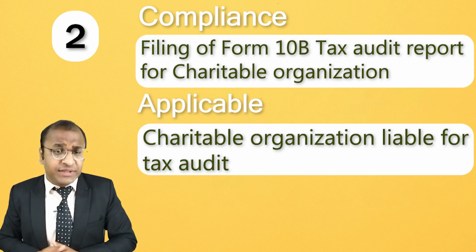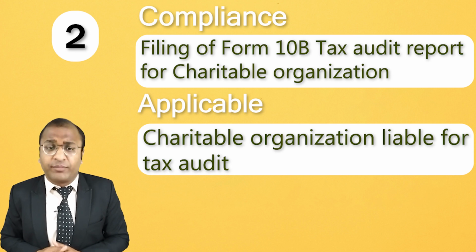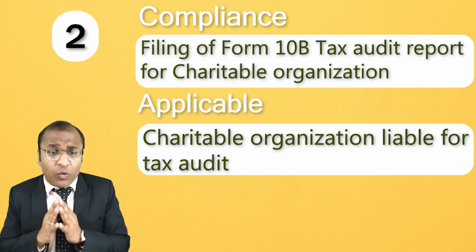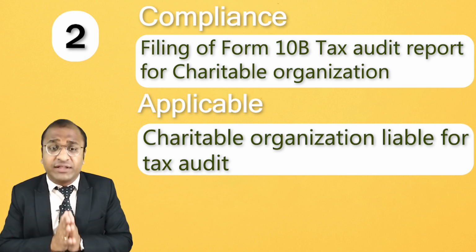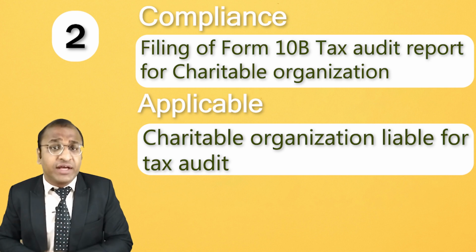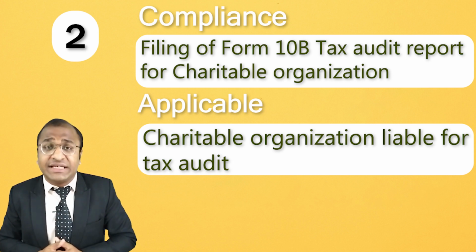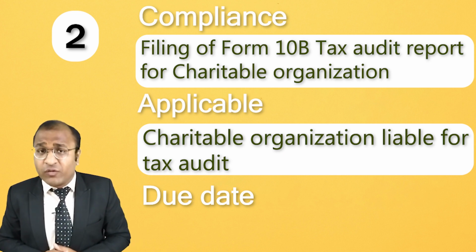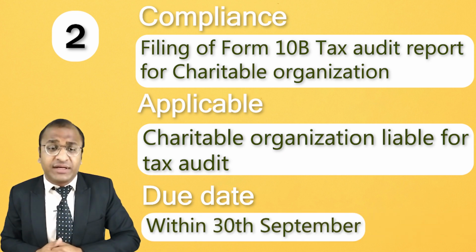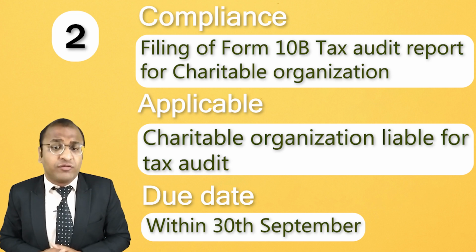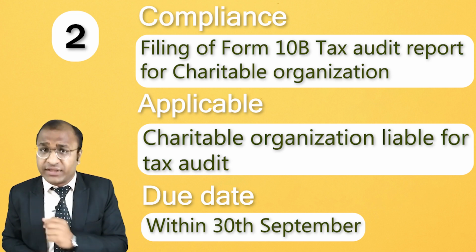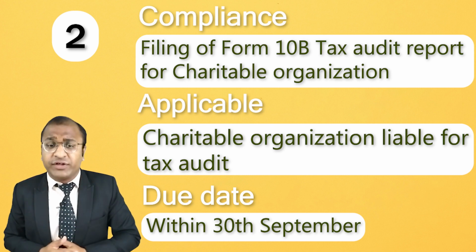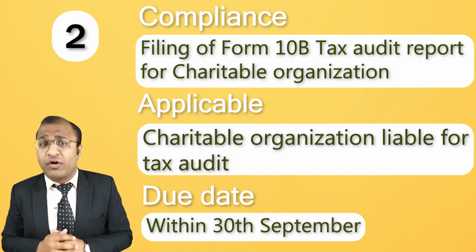Though it's the responsibility of the organization's auditor to upload the same, it is considered to be electronically filed only after it is accepted by the organization, duly verified with the digital signature of the key signatory person. Form 10B has to be filed by 30th September of the assessment year relevant to the financial year for which the filing is to be done. If you want to know how to file Form 10B, check out our video by clicking the I button on the screen.